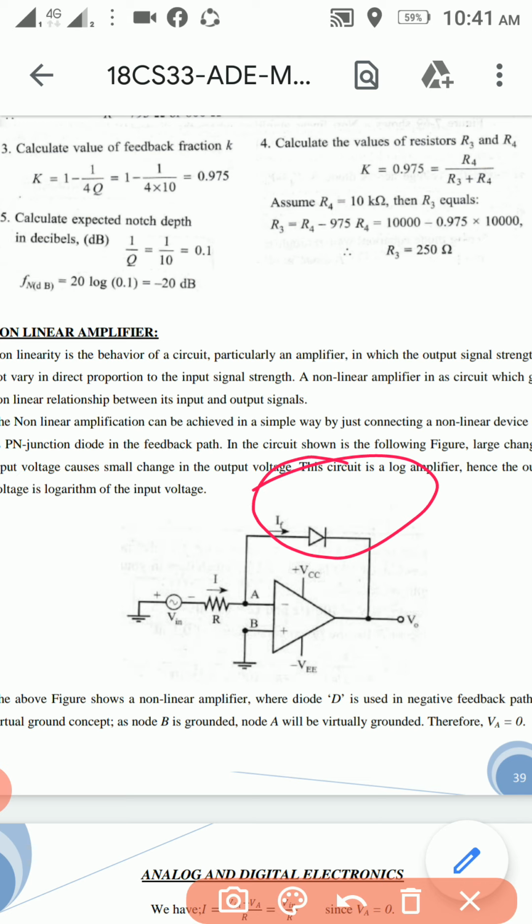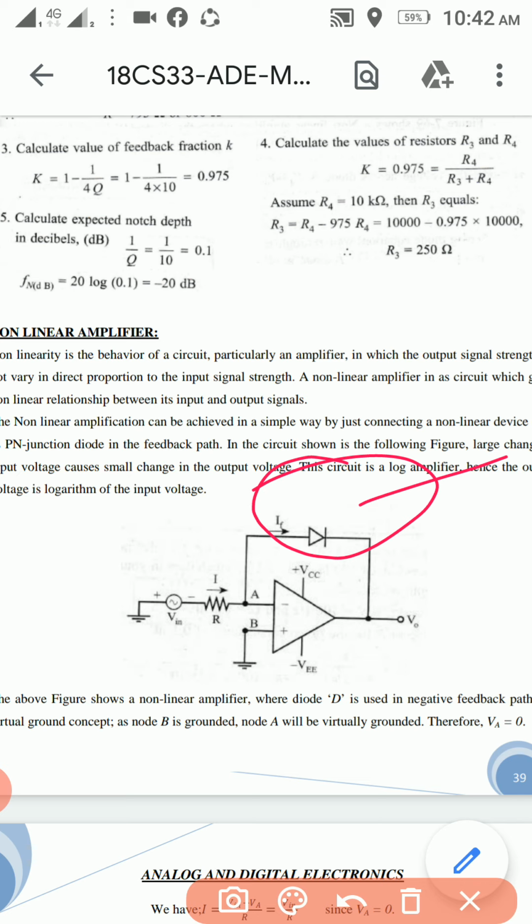If we are not connecting this PN junction diode, we have not achieved that particular non-linearity concept. For that reason, in this circuit diagram we are connecting the PN junction diode in the feedback path just to achieve the non-linearity concept.